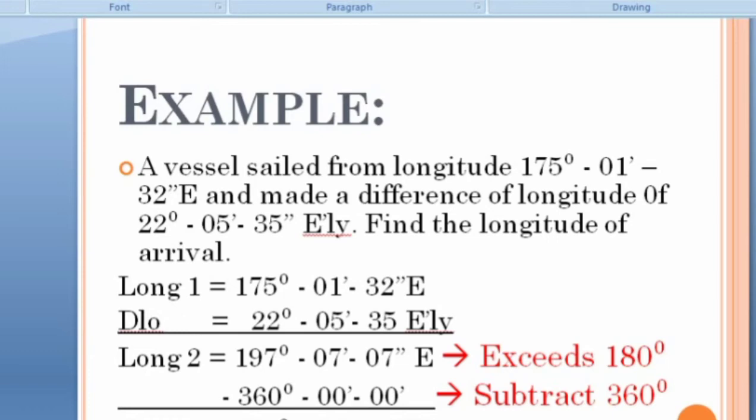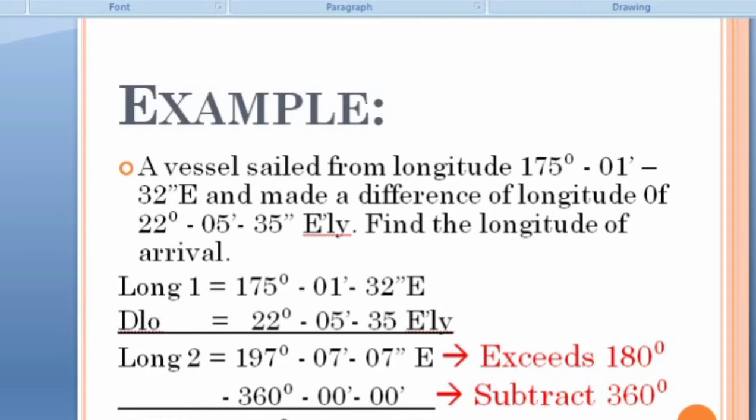Now the question is, why is it that the sign becomes west, since the longitude of departure or the origin is on the east side? Simply because we have the limitation of 180 degrees and the remaining value would be on the other side.